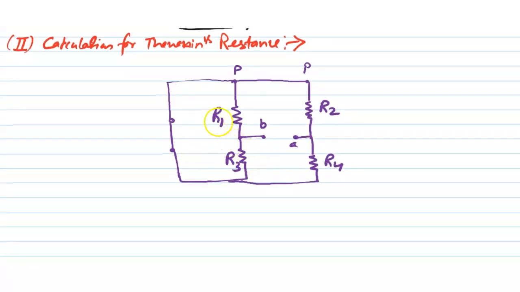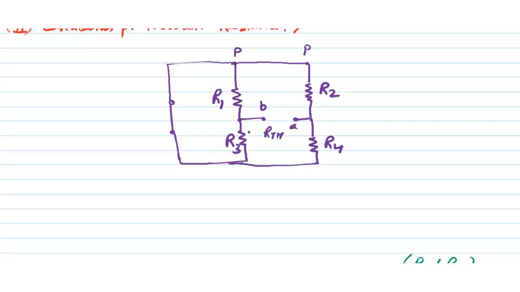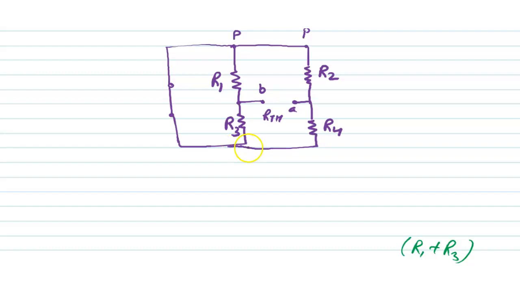Now you have to see which resistances are in series and which are in parallel, and the resistance appearing between these two terminals is known as RTH. Now you can see this is grounded, so let's redraw this circuit.